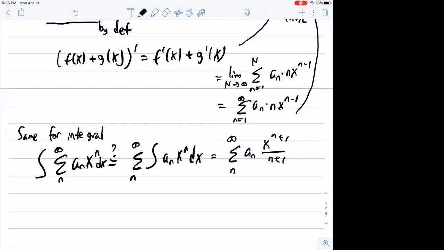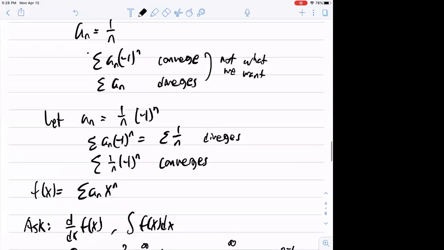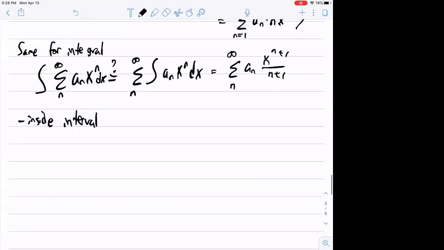So the question is, can you differentiate term by term? Can you integrate term by term? It turns out that inside the interval of convergence, which is why we cared so much about finding intervals of convergence, you can swap. Let me write it that way: inside the interval of convergence, you can swap.